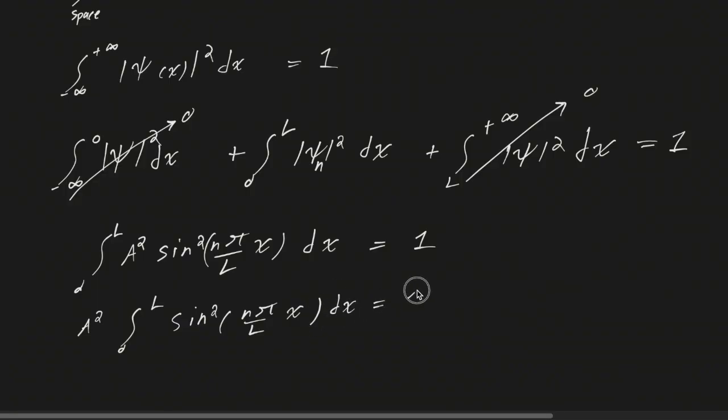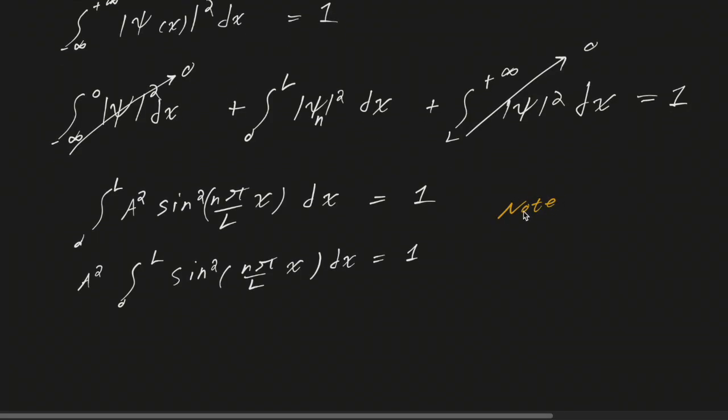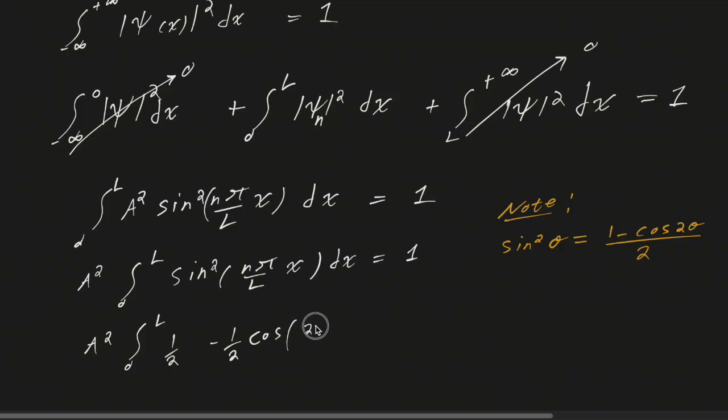Note that sine squared of theta equals 1 minus cosine of 2 theta, divided by 2. So by substituting that here, the integral from 0 to L of half minus half cosine 2n pi over L x dx must equal 1.